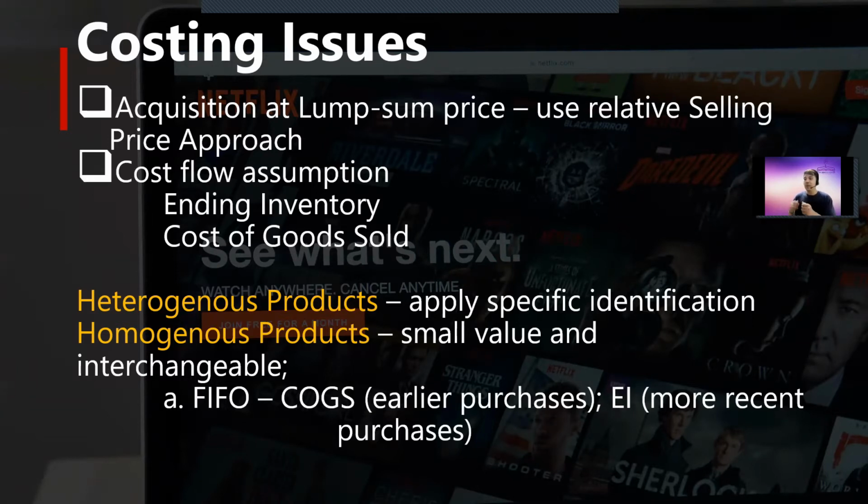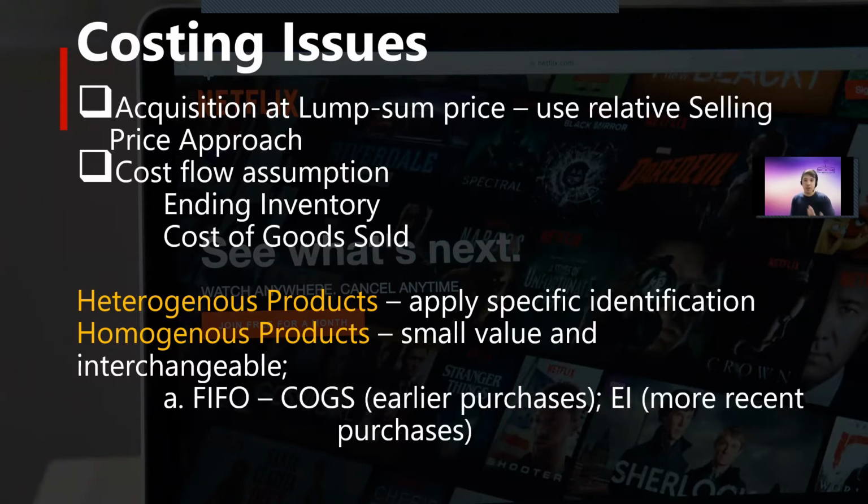Now if it's homogeneous products, or these are inventory items of small value or interchangeable, then we follow FIFO, first in, first out. So COGS are valued at the earlier purchases, while the ending inventory, because it's first in, first out, the earlier purchases would fall under COGS.